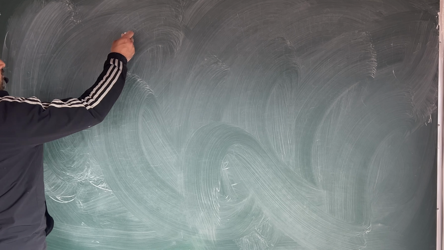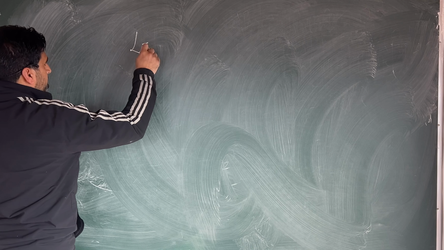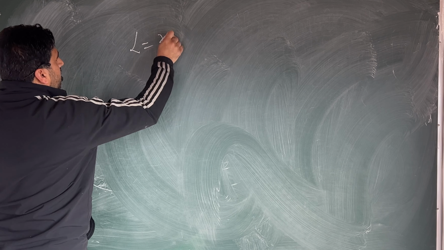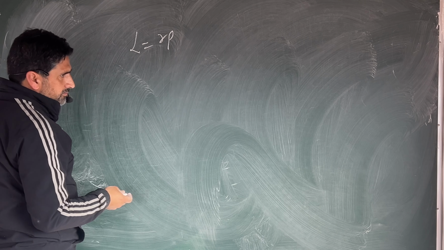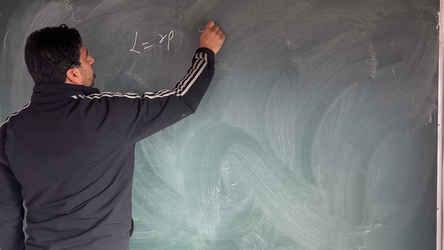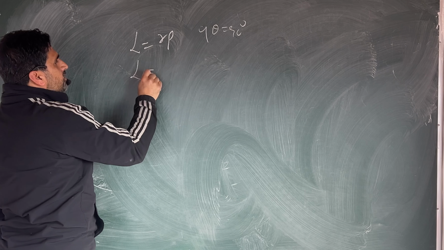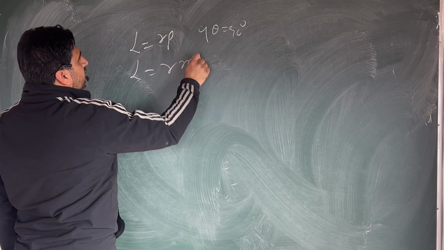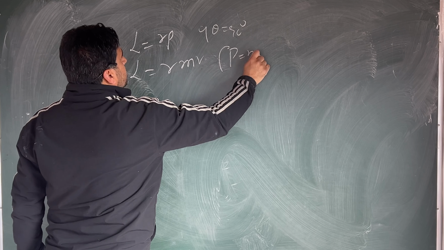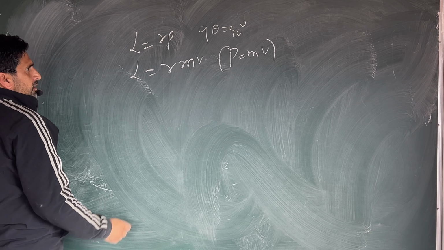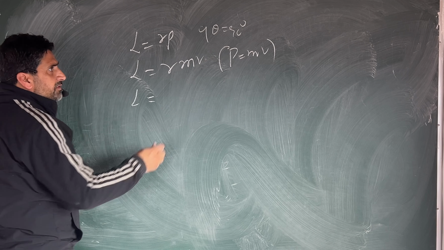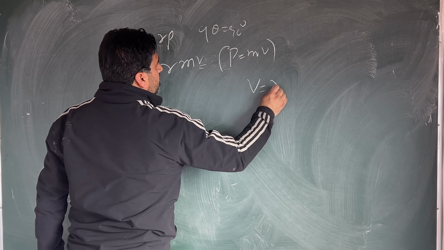Also, angular momentum is equal to R cross P, or RP sin theta. If theta is 90 degrees, then you have RP. So L is equal to R P, and P is equal to mass into velocity, so L is R times mV. We know from yesterday the relation between linear velocity and angular velocity: V is equal to R omega.